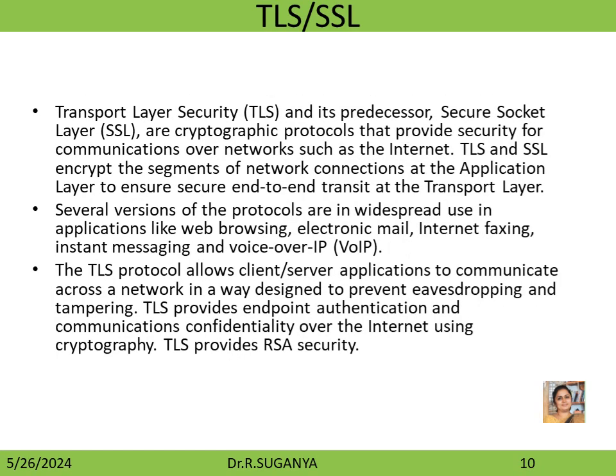Transport Layer Security and its predecessor, Secure Socket Layer, are cryptographic protocols that provide security for communication over networks such as the internet. TLS and SSL encrypt the segments of network connections at the application layer to ensure secure end-to-end transit at the transport layer. They allow client-server applications to communicate across a network in a way designed to prevent eavesdropping and tampering.